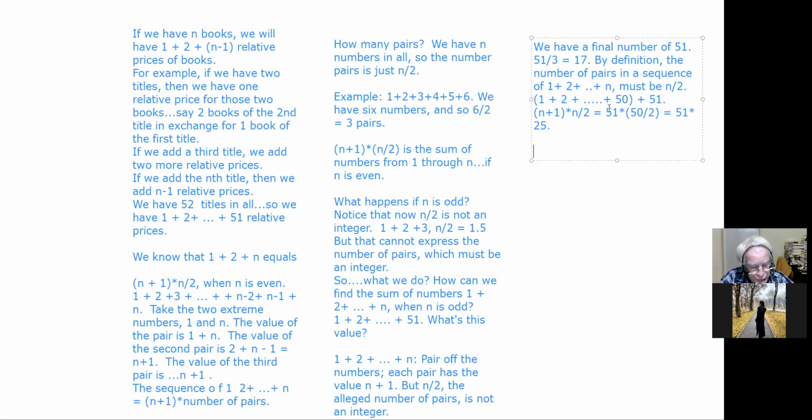And now, for the sequence of 1 plus 2 plus all the way up to 51, the value is the value of the first 50 numbers, which we already know, 51 multiplied by 25, plus 51. Good.